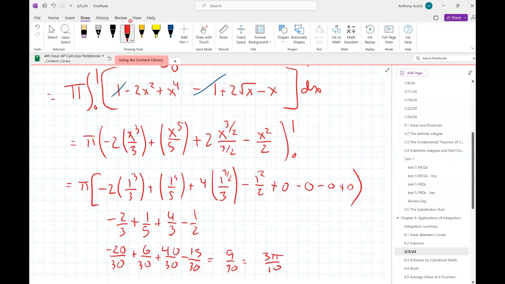Nope. I did something wrong when I did my addition, or my arithmetic there. So this was all right to there. And what did I do? Oh, it should be 11. 11 over.